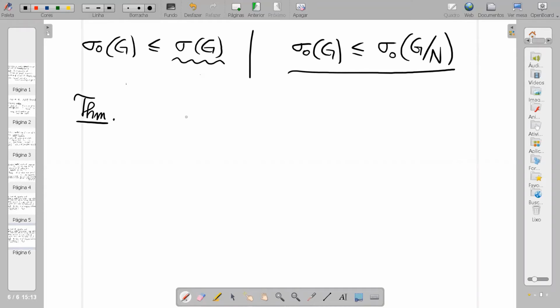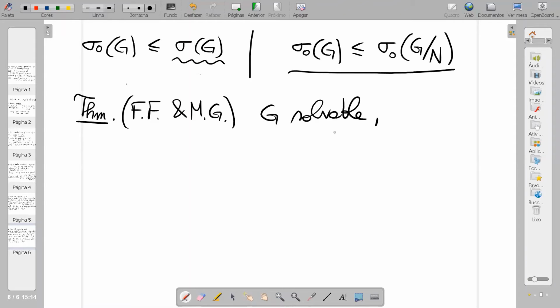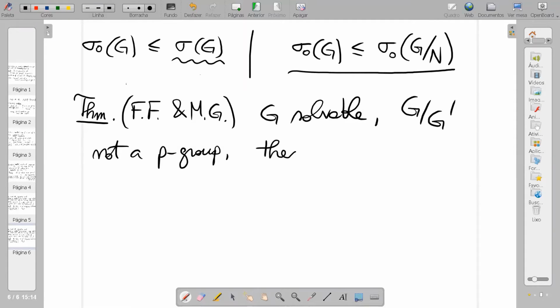Now, the first result that we proved with Francesco Fumagalli and myself, in 2021, is: if G is solvable, G modulo G prime not a P group, then sigma 0 of G is 2.